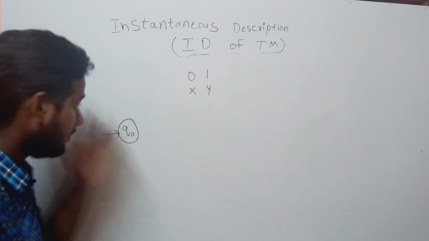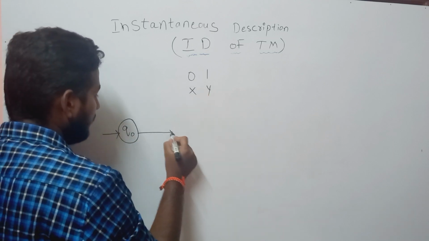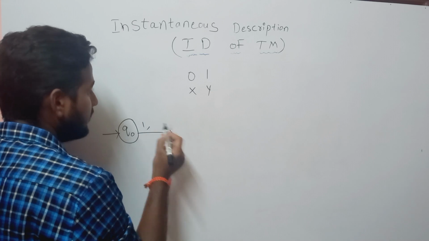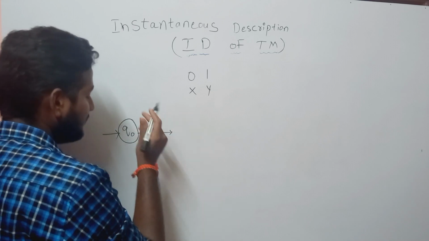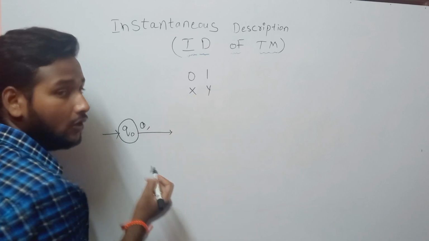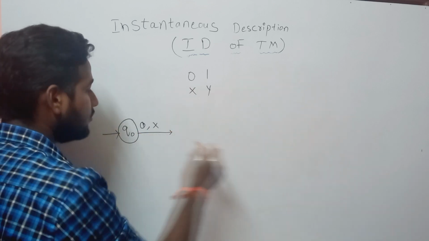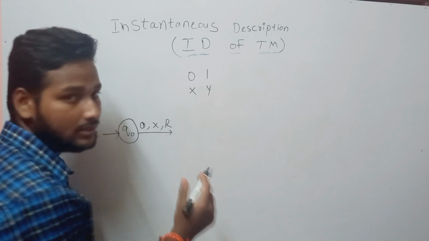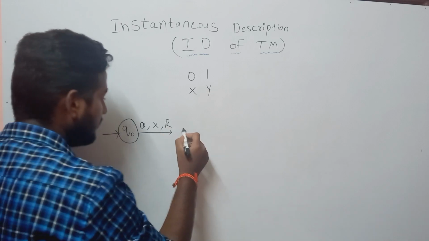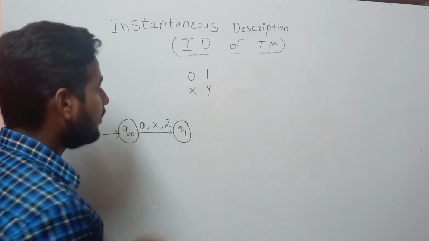Q naught is the initial state. If the input is 0, we need to make this 0 as X, and the direction goes to the right, and the state changes. This is the new state q1.